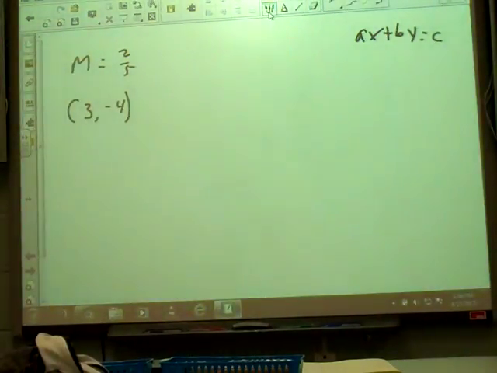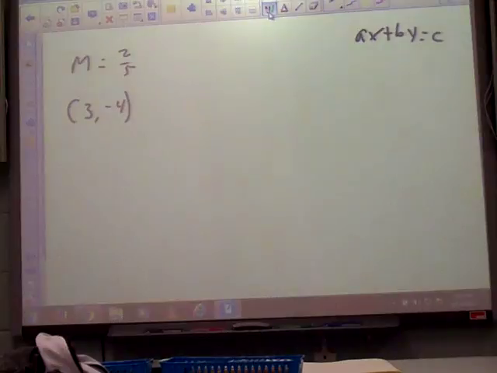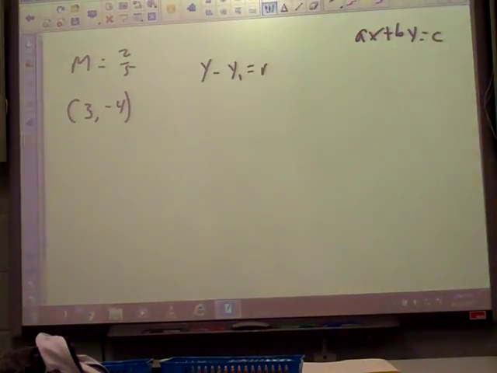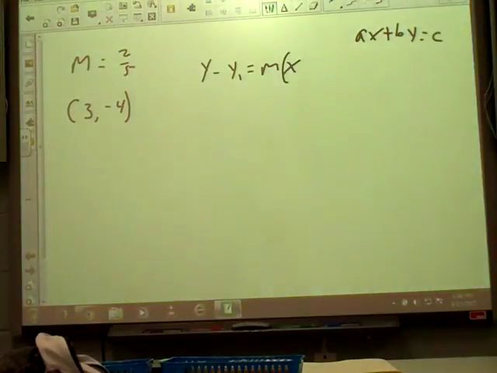Anybody remember when you've got a point and you've got a slope, what form you're meant to use? Point slope form, because you've got a point and a slope. So Grace is right on the money. Point slope form says y minus y1 equals m times x minus x1. So we got our m.